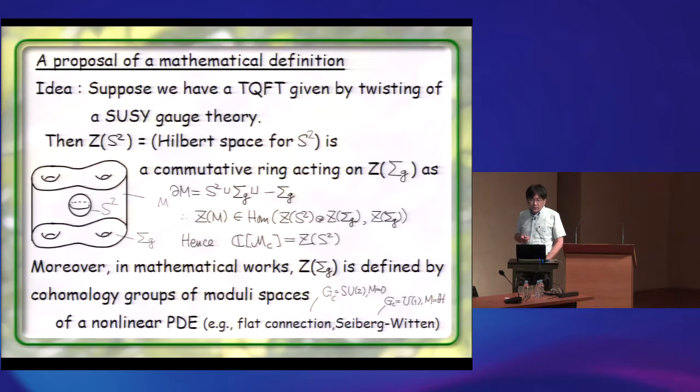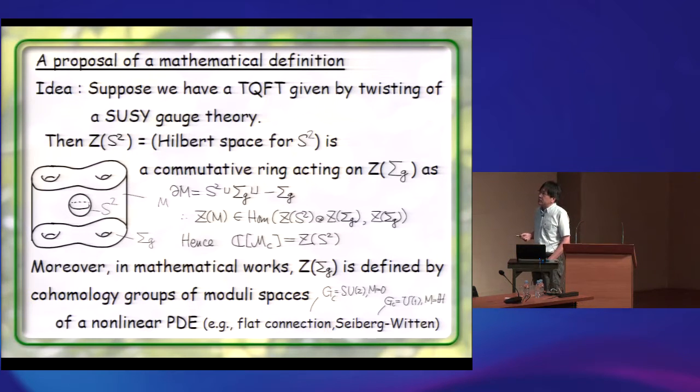Because a TQFT assigns an invariant to a 3-manifold and a vector space to a 2-manifold, I consider the Hilbert space for the particular 2-manifold S^2. Then this Hilbert space for S^2 is a commutative ring acting on the Hilbert space associated with the Riemann surface of genus g. So this is a picture.